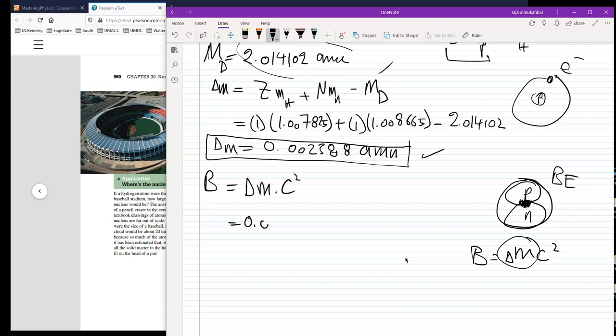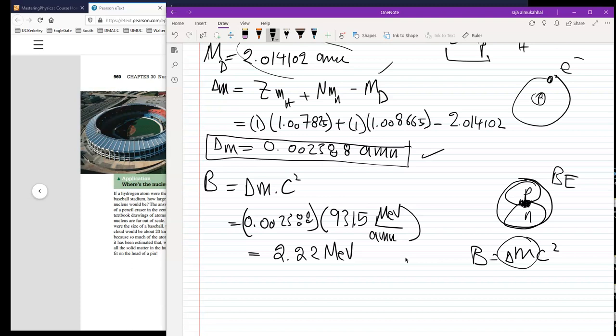So it becomes 0.002388 times c squared, which is 931.5 MeV per AMU. Remember? We calculated that. And then that will give me 2.22 MeV. And that's the binding energy of the deuteron. Got it? Everybody got that? Okay.